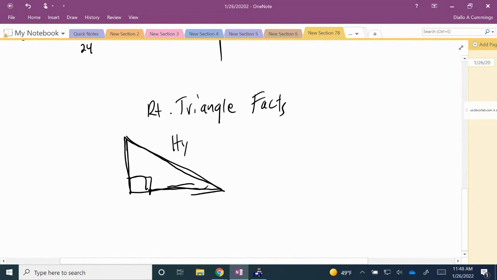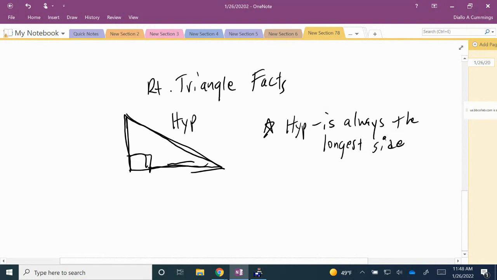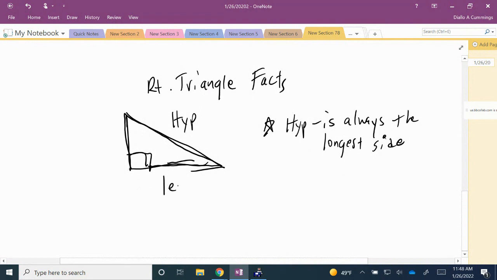For a right triangle, the hypotenuse is always the longest side. In any right triangle, the hypotenuse always is the longest side. So we have the hypotenuse, and then we have the 2 legs.